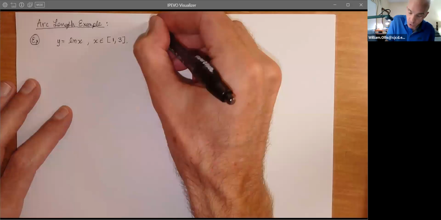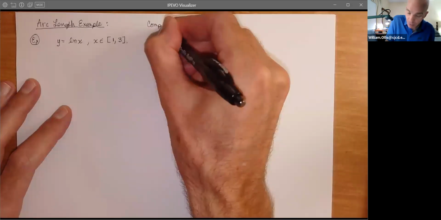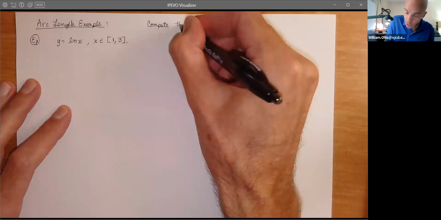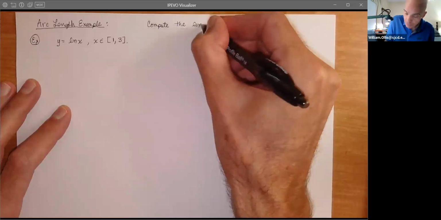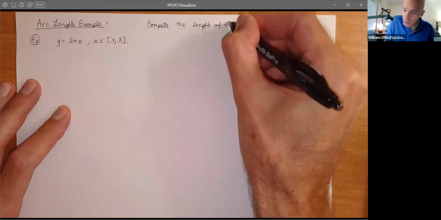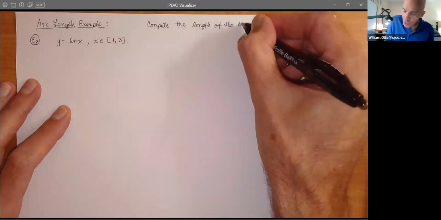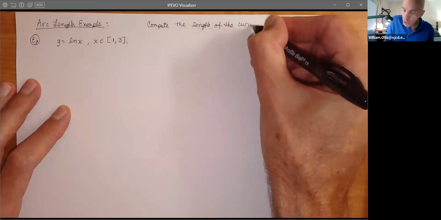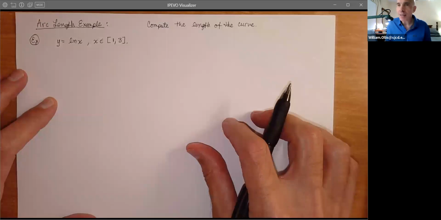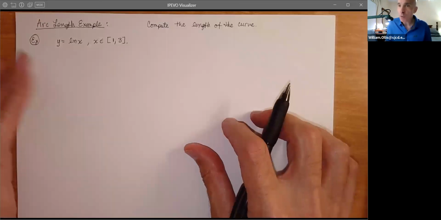So what we want to do is compute, and I'll just write it out, compute the length of the curve. Now, when you think about this, just like before, you go back to the routine that we had with the mean value theorem, and this also reminds you of surface area.